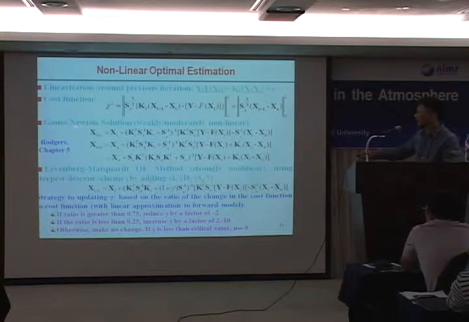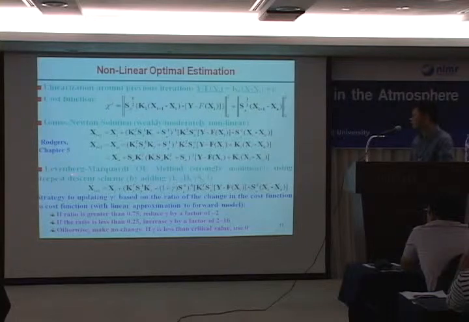For typically weakly or moderately nonlinear problems, we can solve this using the Gauss-Newton approach to give the solution. This is just the same solution, but in a different form.